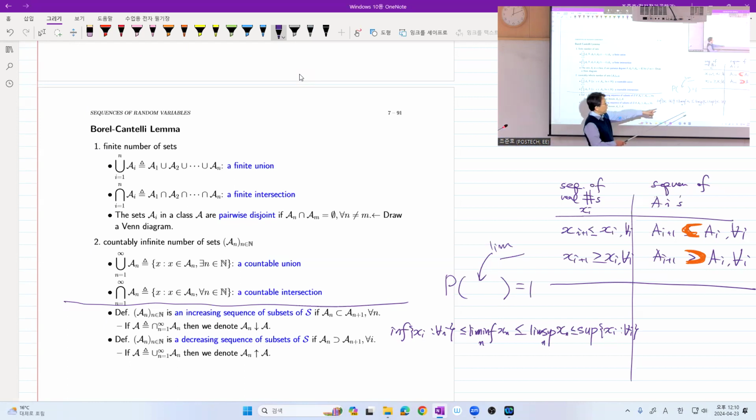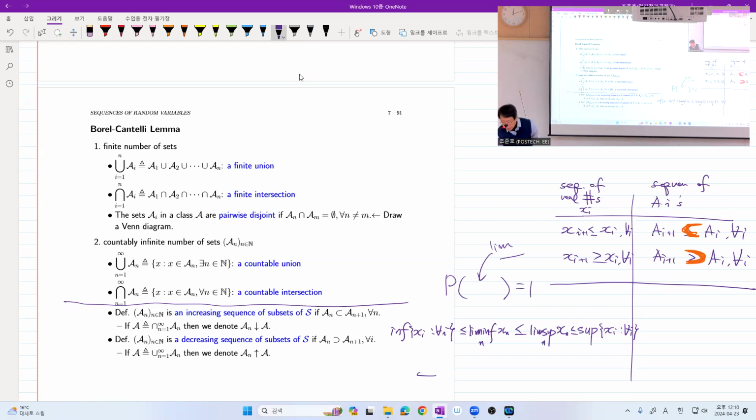So here are two things, lim sup and lim inf. What are they? Simply put, lim sup is what? Lim sup is the limit of the supremum sequence. Then what is the supremum sequence?